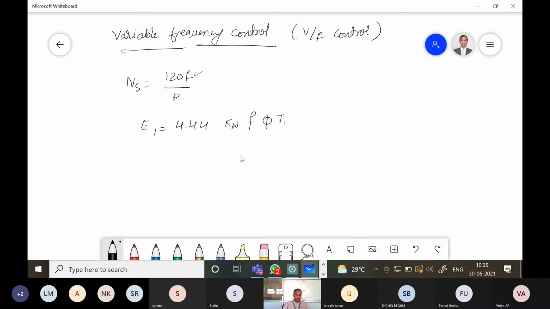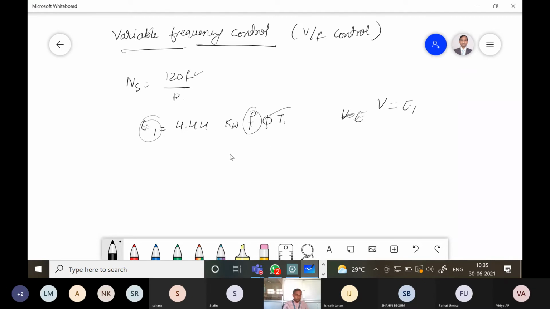So if the supply frequency is changed, your EMF, that is E1, is also going to change. To maintain the same air gap flux, we need to make V by F control constant. If the stator voltage drop is neglected, the terminal voltage V is equal to E1.